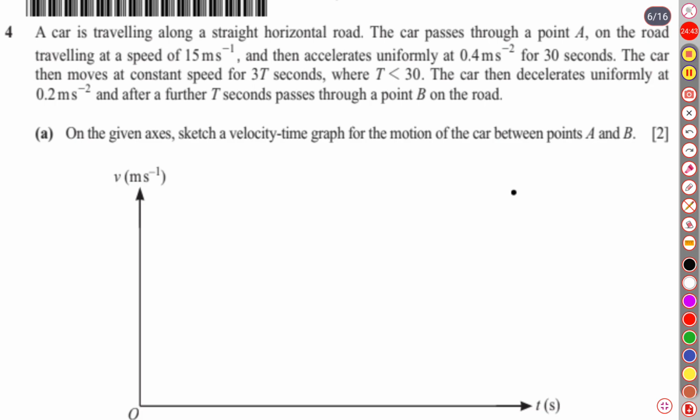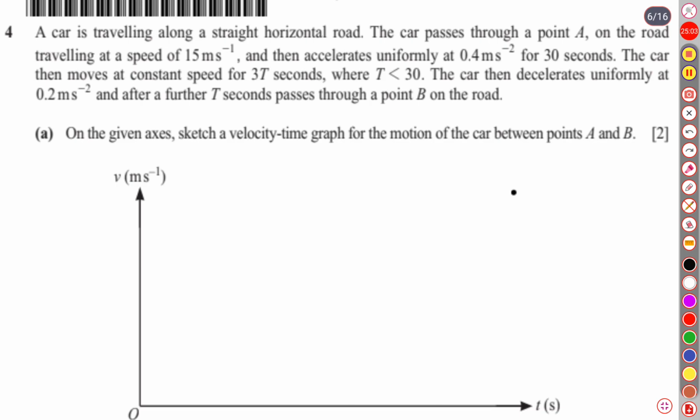The car then decelerates uniformly at 2 meter per second square, and after a further t seconds passes through a point B on the road. On the given axis, sketch a velocity time graph for the motion of the car between points A and B.